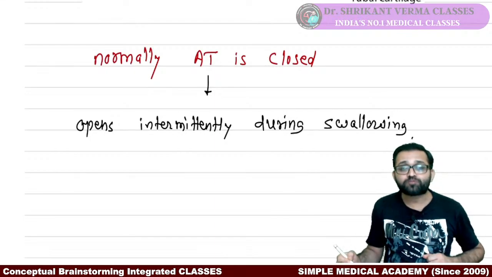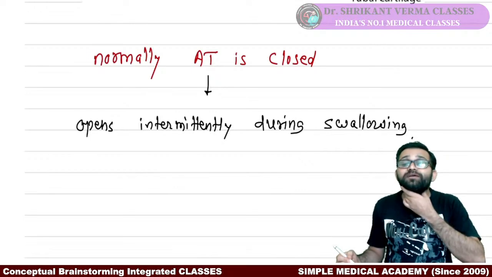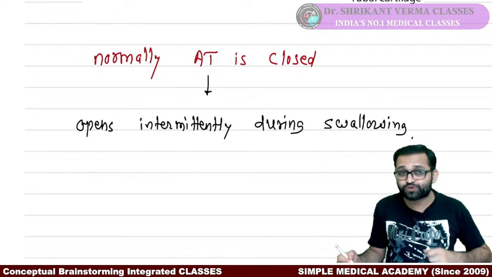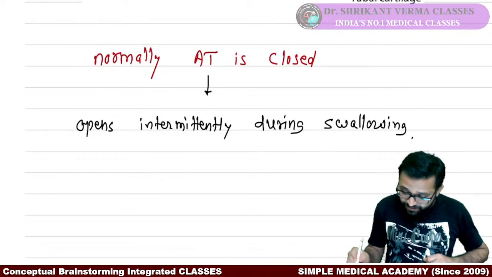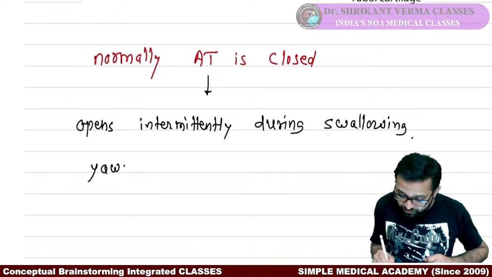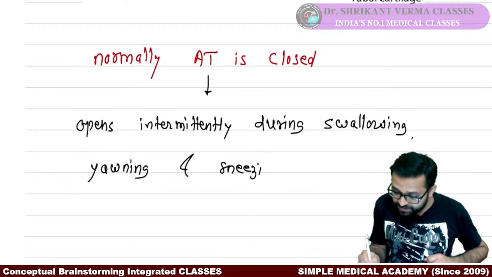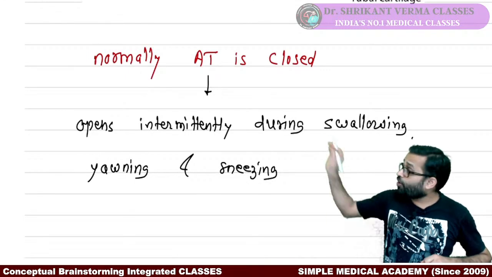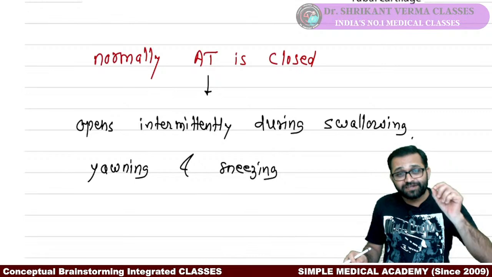If you swallow, you will feel the movement in the ear also. You will hear a sound during swallowing, and even during yawning and sneezing. So to maintain the proper pressure, our auditory tube opens intermittently.